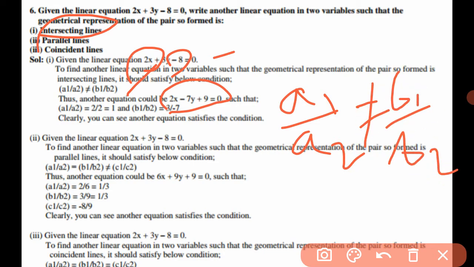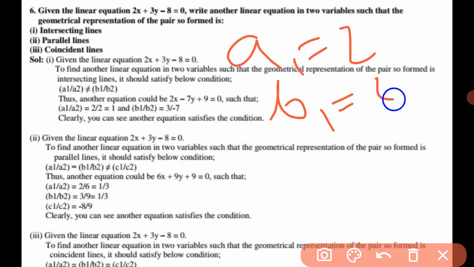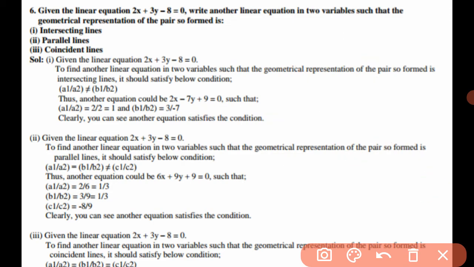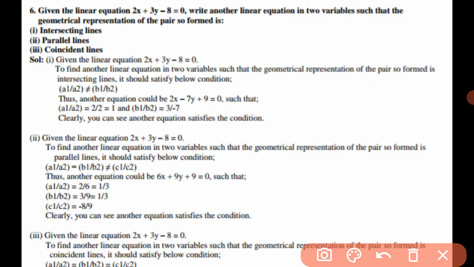So here a1 equals 2 and b1 equals 3. Similarly, in this equation a2 equals 2 and b2 equals minus 7. So a1 upon a2 is 2 upon 2, which is not equal to b1 upon b2, 3 upon minus 7. That's why we can make this kind of equation.